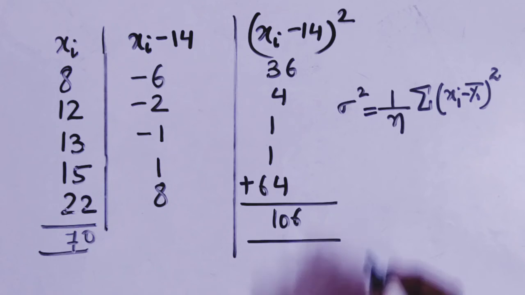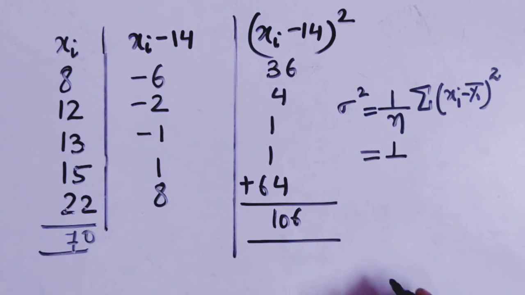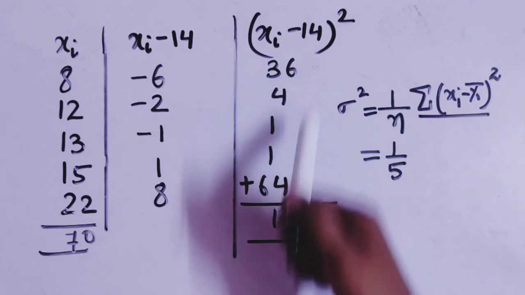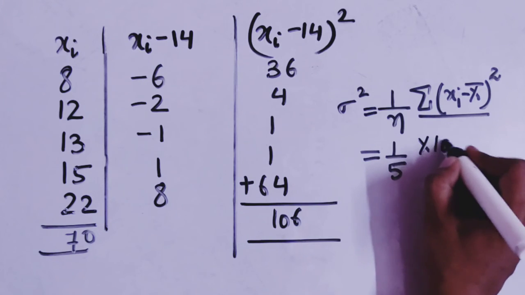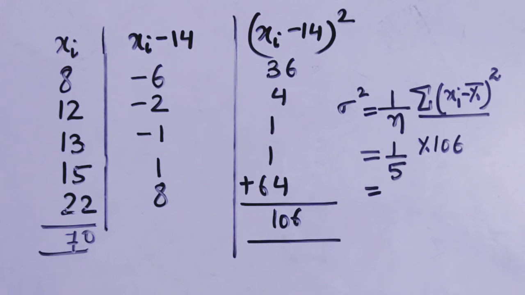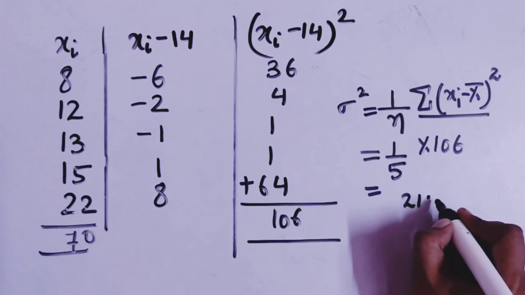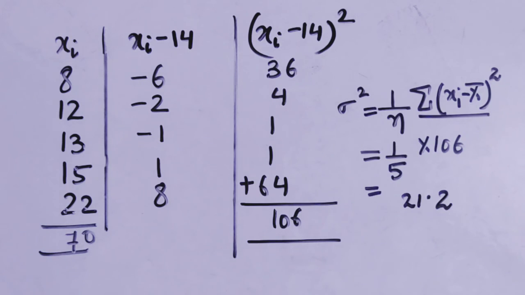Now we are doing 1 by n. Total observations are 5. And what we have got is 106. So 106 upon 5, what will it be? It will be 21.2. So this is our variance, 21.2. And when we have to calculate the standard deviation from the variance, we will directly find the square root of the variance.